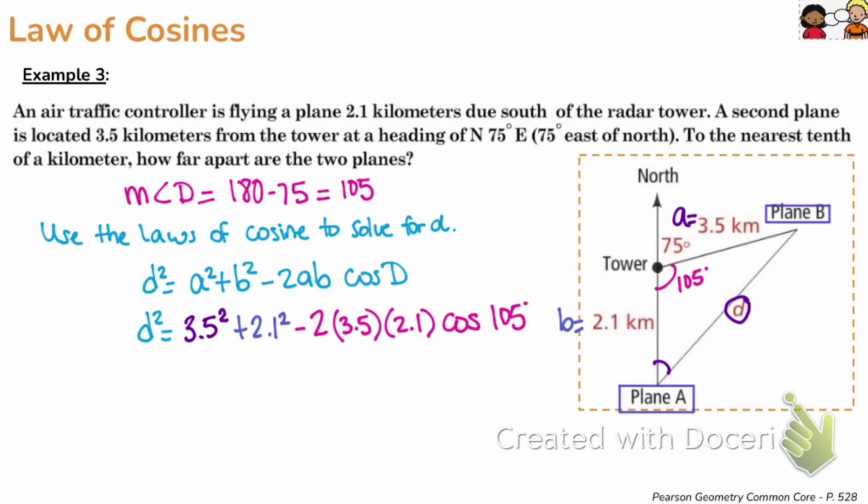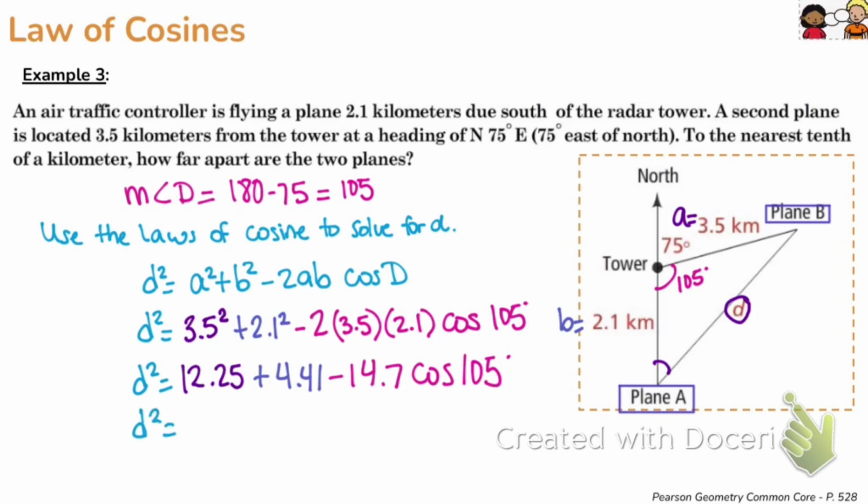This looks complicated. It's long. It's not that complicated. So let's put everything on the calculator for us. So we get D squared equals 3.5 to the second power, which is 12.25, plus 2.1 to the second power, which is 4.41, minus 2 times 3.5 times 2.1, so I'm going to multiply all of that, and I get 14.7 cosine of 105, and I add these two here, and I get 16.66.